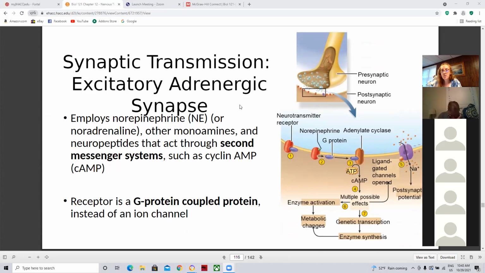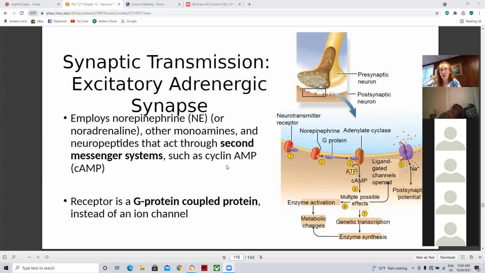Excitatory adrenergic synapses employ norepinephrine or adrenaline or other monoamines to act via second messenger systems. You remember what molecule was involved in second messenger systems?